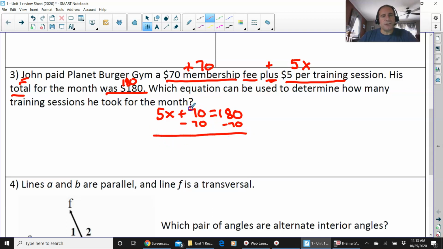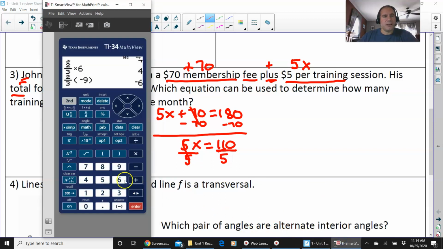Sometimes the question will just ask for the equation, but I'm just going to solve it, just minus 70 on both sides. Remember, bring that equal sign down, and then you divide by 5 on both sides, and you should check it in your calculator even if you think you know the answer. 110 divided by 5 is 22.